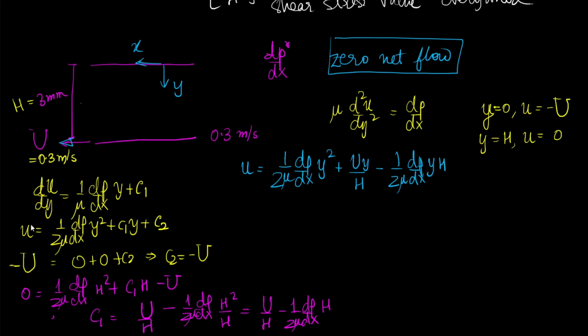So c2 is simply minus U. So this is 1 upon 2 mu dp dx times (y square minus y h), plus U y upon h minus U.